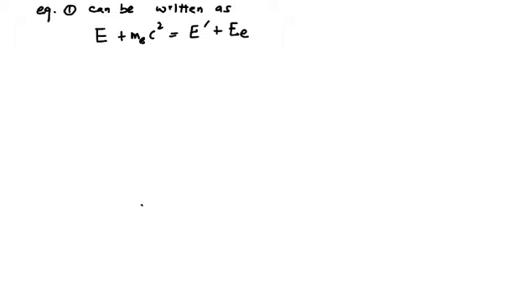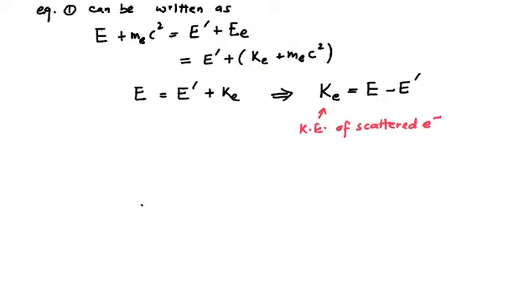Now, if we have to find the direction of the scattered electron, we can go back to our equations. Let's say equation 1, if you remember from the previous slide, and rewrite that. Now since the scattered electron is moving, it will also have a kinetic energy and a rest mass energy.